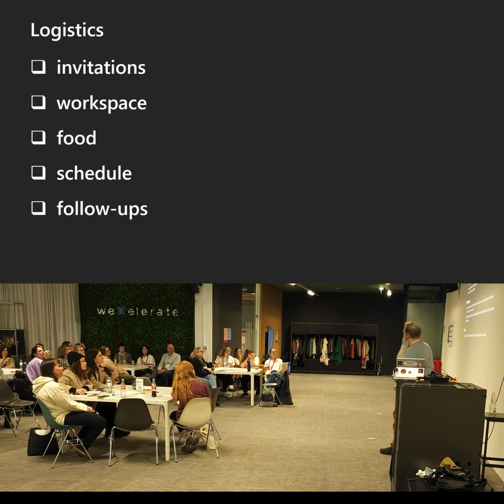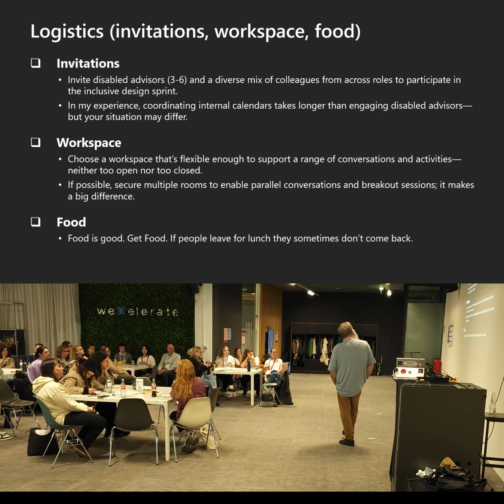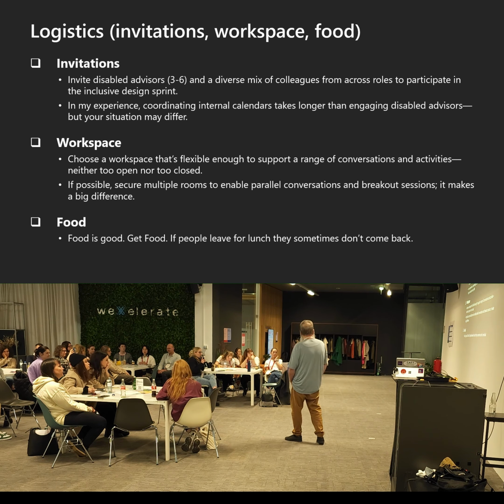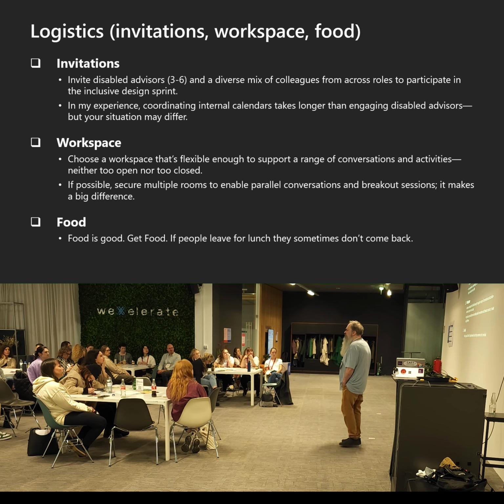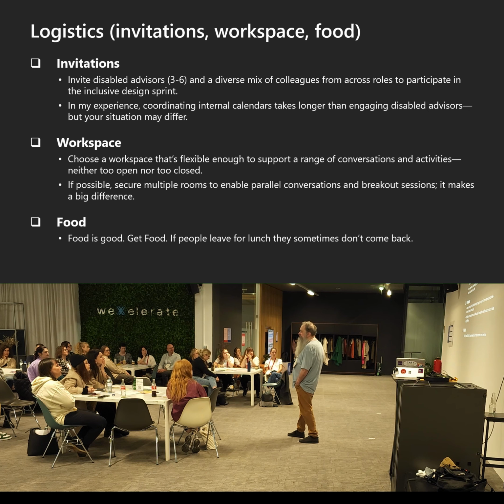So invitations. I would suggest you invite 3 to 6 disabled advisors. You can get them from your colleagues, but I would also suggest that you get them externally. In my experience, the hardest part about running an inclusive design sprint is getting 25 of my colleagues to commit 2 days.